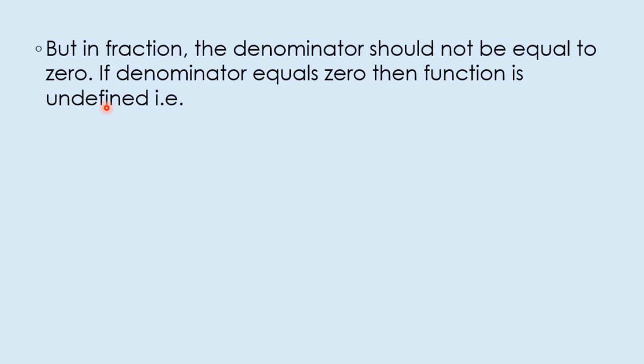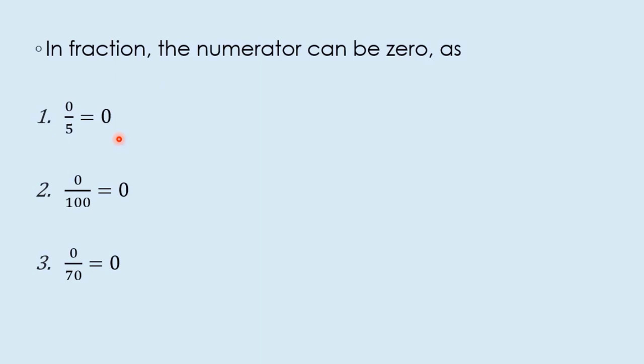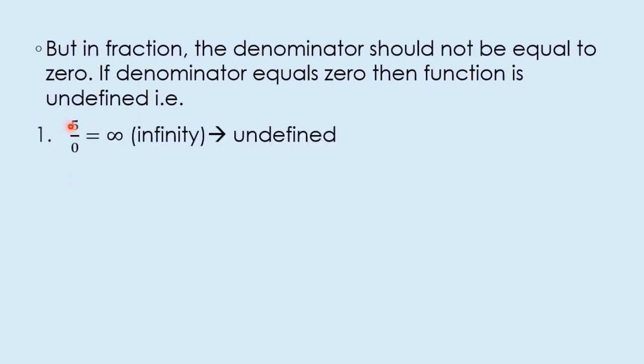For example, if in the denominator there is 0, then this always equals infinity, whereas if the numerator is 0 the answer always equals 0, whatever is in the denominator. When the denominator is 0, the answer always equals this sign or symbol.